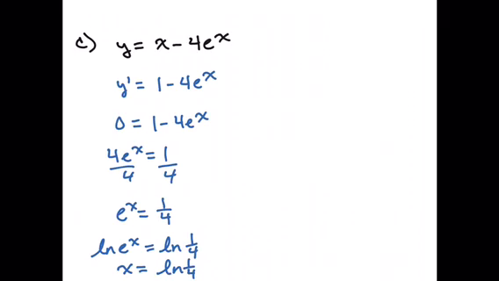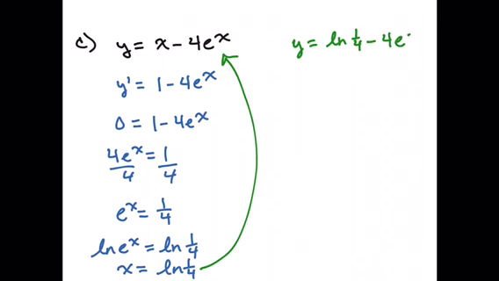So I have my x value. I need the y value that goes with it. I get the y value by plugging this back into my original function. So we're going to get a y value of natural log of 1/4 minus 4e to the natural log of 1/4.